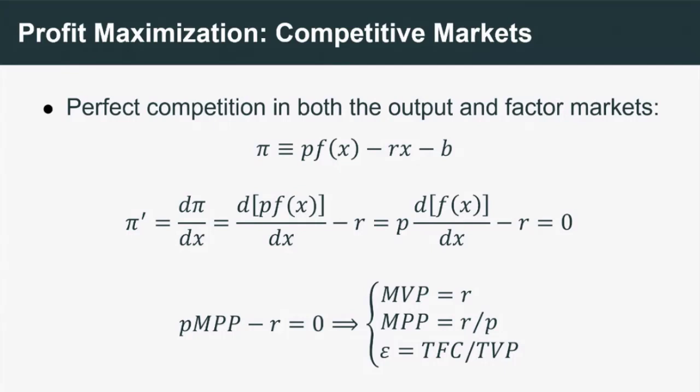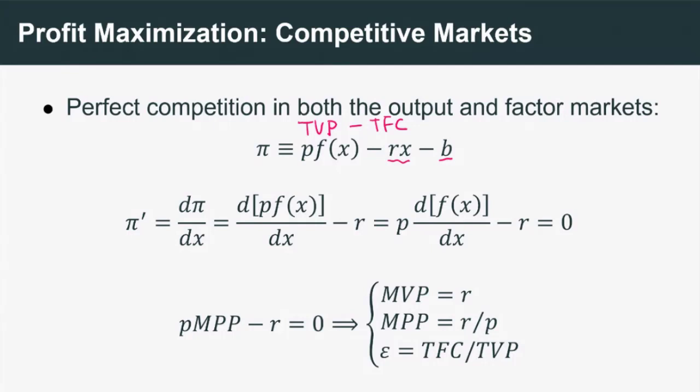So remember that pi, which is profit, is equal to TVP, the total value of your output, minus your total factor cost. And total factor cost has 2 components: Rx is the variable cost and B is the fixed cost.